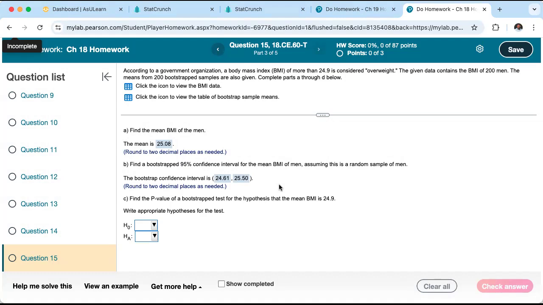Okay. To proceed, C says we should find the p-value of the bootstrap test for the hypothesis that the mean is, so you see we've been given a hypothesis value, that the mean is 24.9. So H naught is mu equals 24.9. What do you think the alternative would be?